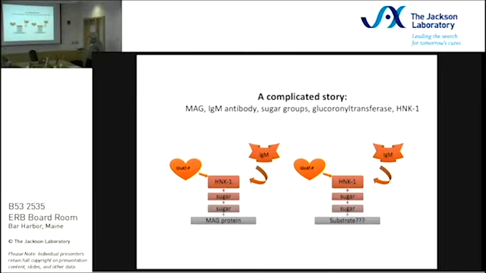There's a protein in cells called MAG. I have no idea what it does anymore. There's an enzyme called glucuronyl transferase, which attaches sugars to this. And it attaches a specific sugar called HNK1, and that's recognized by an autoantibody, and it causes an immune disease, okay?